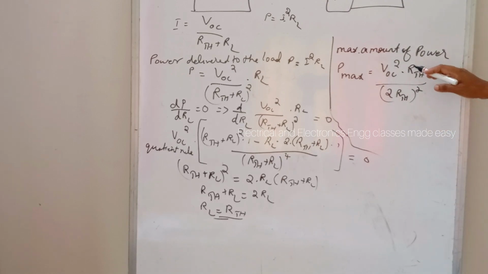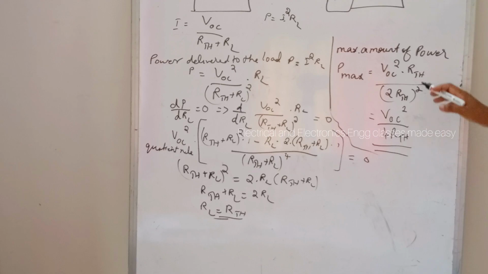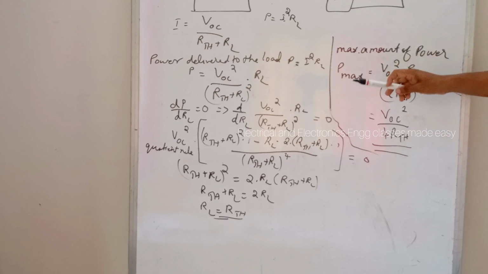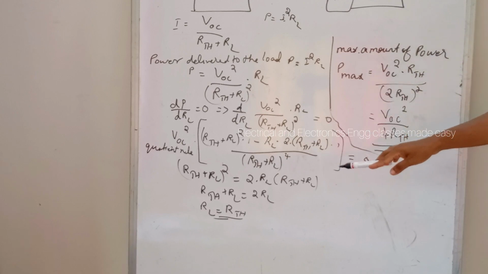Then one RTH gets cancelled, and we get VOC square divided by 4 RTH. So this is the maximum power, VOC square divided by 4 RTH, and to deliver the maximum power the load resistance must be equal to the source resistance.